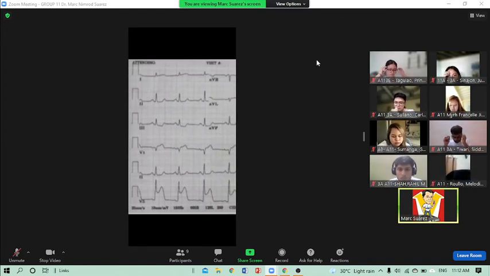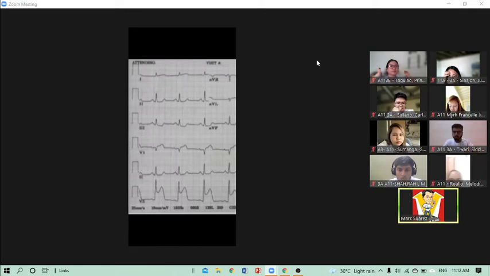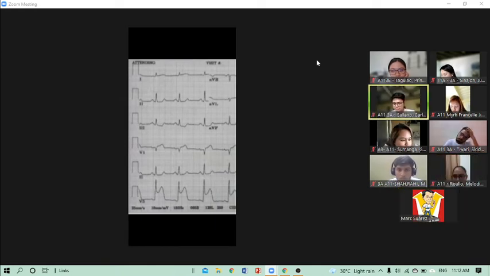So let us check first the morphology of the P, the QRS, the ST segment, and the T wave, right? Okay? Yes, Doc. Okay.